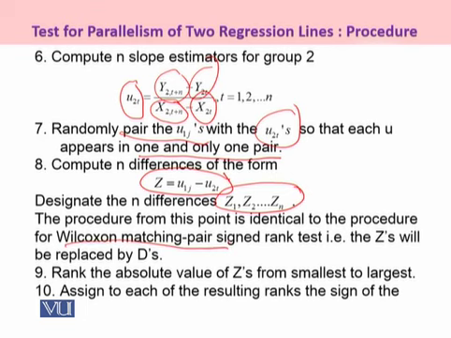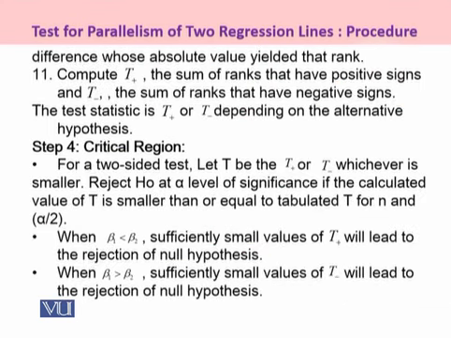That is, the z's will be replaced by d's. Then we rank the absolute values of z's from smallest to the largest. We assign to each of the resulting ranks the sign of the difference. We compute T plus, which is the sum of the ranks of the positive signs. We calculate T minus, which is the sum of the ranks for the negative signs. Then the test statistic will be T plus or T minus depending on our alternative hypothesis.